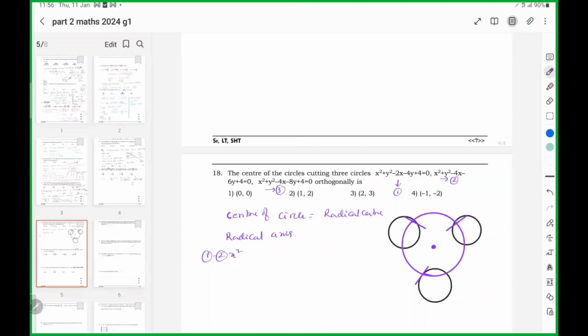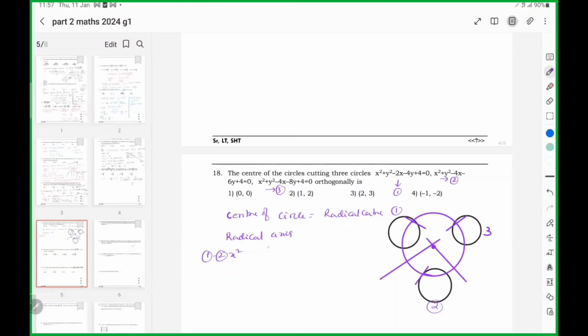1 minus 2 will give you the radical axis related to first and second. 2 minus 3 will give you the radical axis for second and third. So the intersection will be the radical center, which is the center of the circle cutting all 3 circles orthogonally.